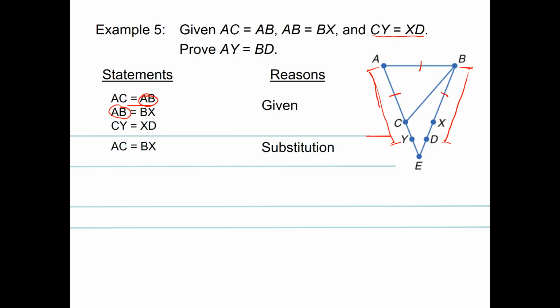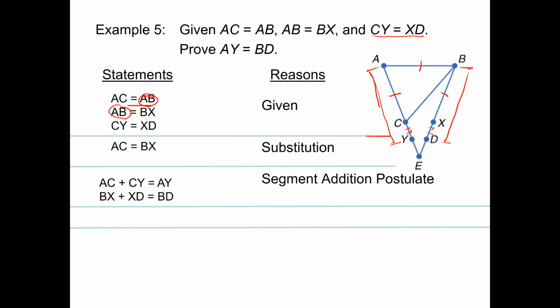All right, now, because I'm going to need to get all the way from A to Y, I'm going to go ahead and invoke my segment addition postulate. AC plus CY equals AY, BX plus XD equals BD. It's my segment addition postulate. Now, I told you I'd come back to that. CY is equal to XD.